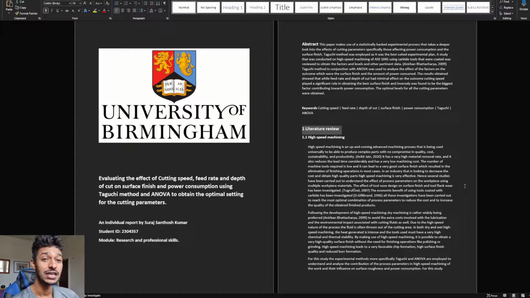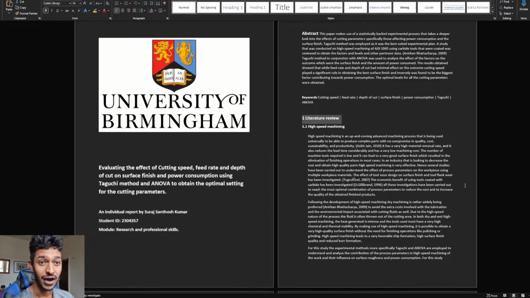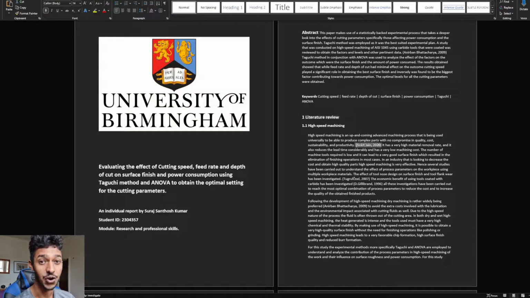And the next section is called the literature review. Now, literature review is to go online to find material that is relevant to your paper and to find stuff that people have already written or stuff that people have already researched. Go through them, read them, understand their points, and comment on them.